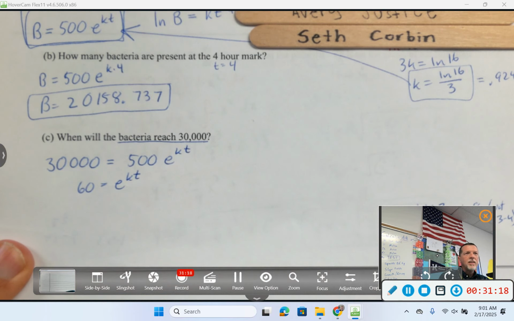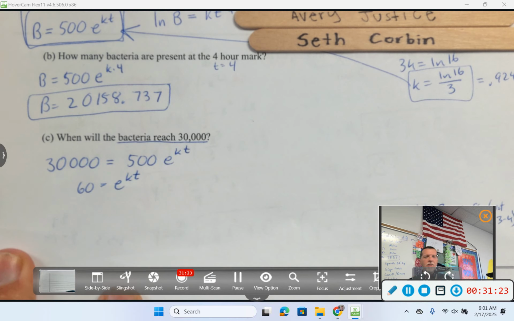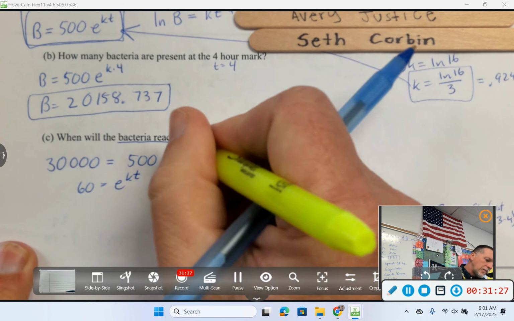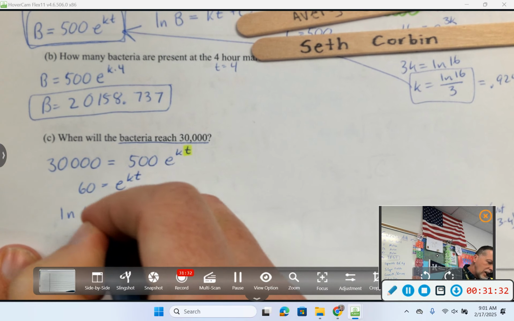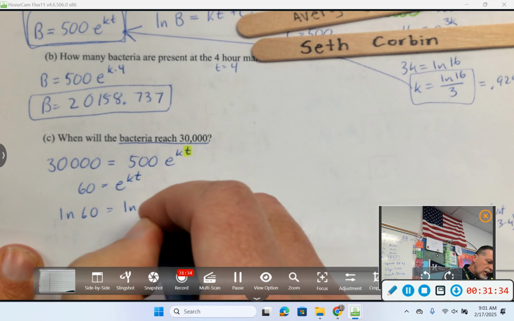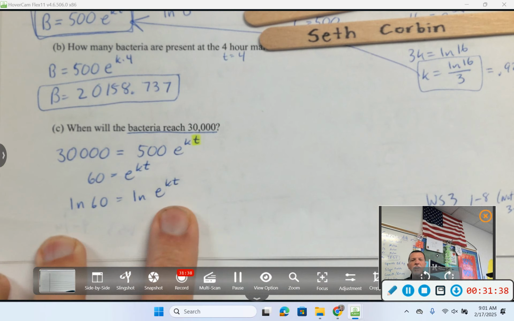So 60 equals e to the KT. Avery, what do you want to do next in our pursuit of T? Natural log both sides. And I keep writing K, but be careful. We know what K is.